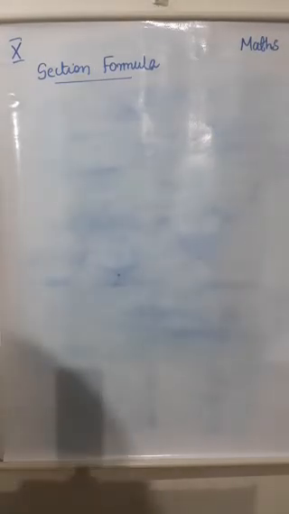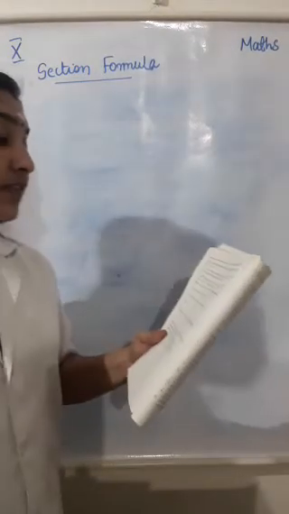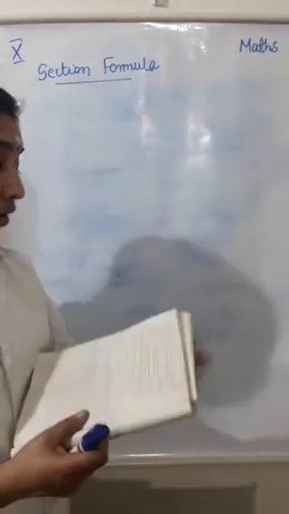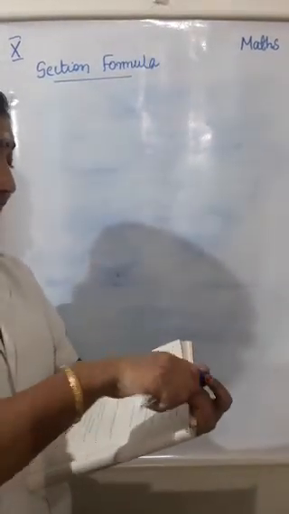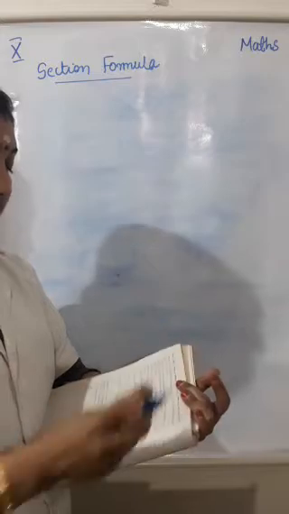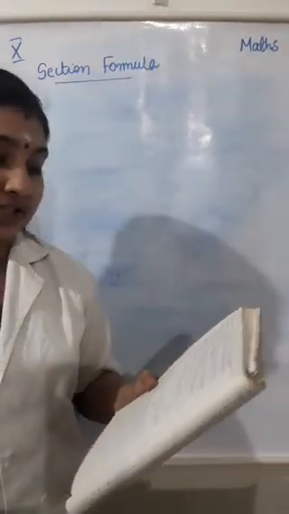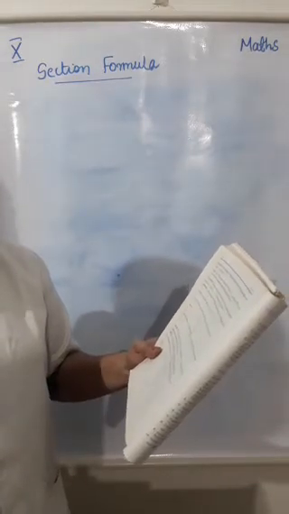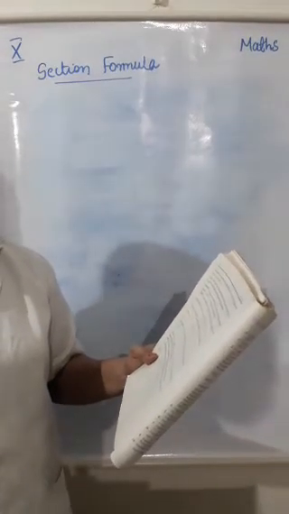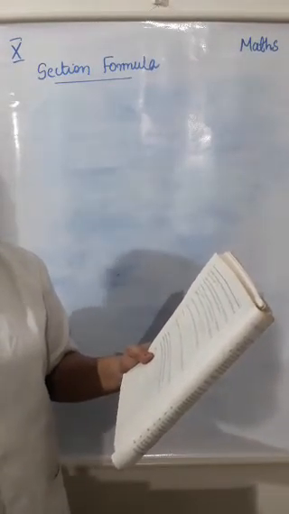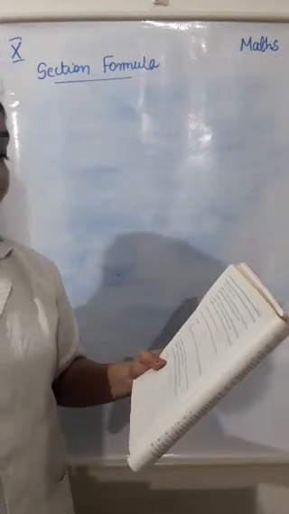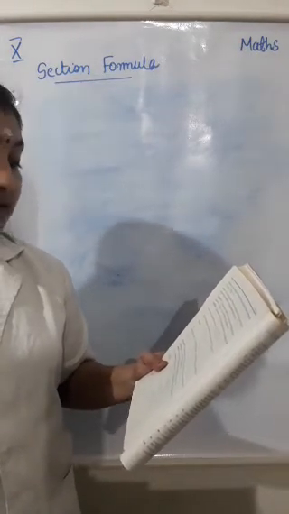Next question. Find the ratio in which the y-axis divides the line segment joining the points (5, -6) and (-1, -4).